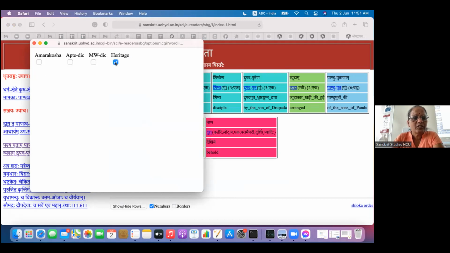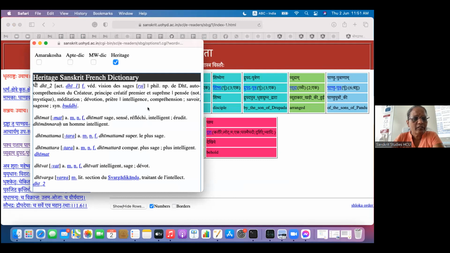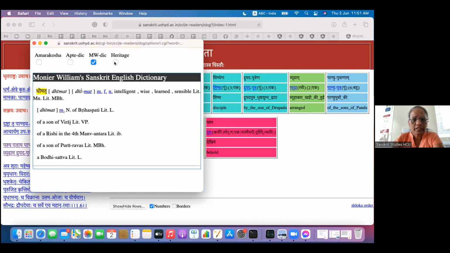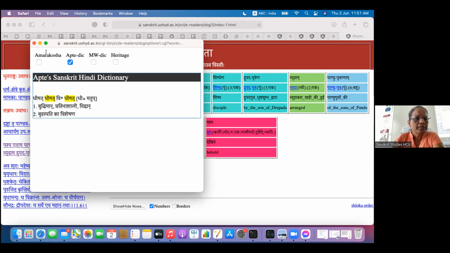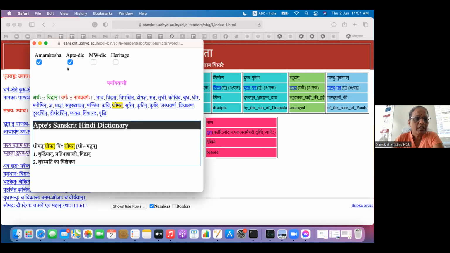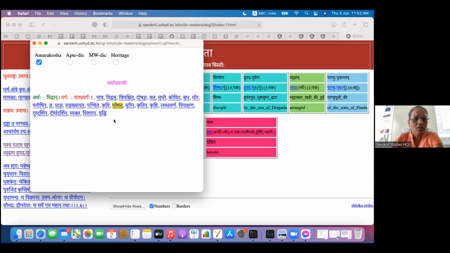So since we have the French audience, we have here French meaning of the word dhimat, which is coming from Heritage engine. Then we can go to Monier-Williams and have the English. You can go to Apte's and you get the Hindi. And if the word is available in Amarkosha, we also get all the synonyms of the word dhimat.